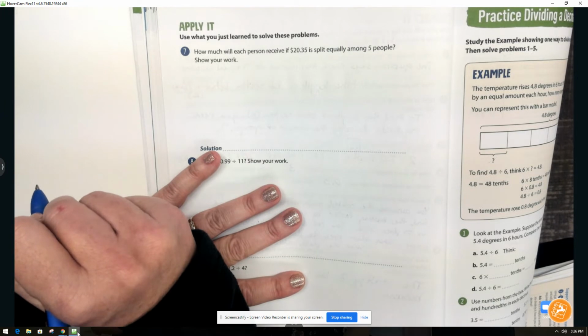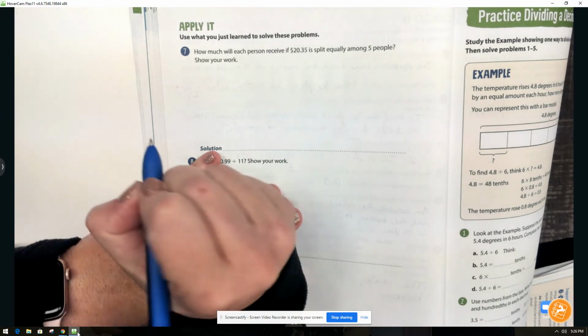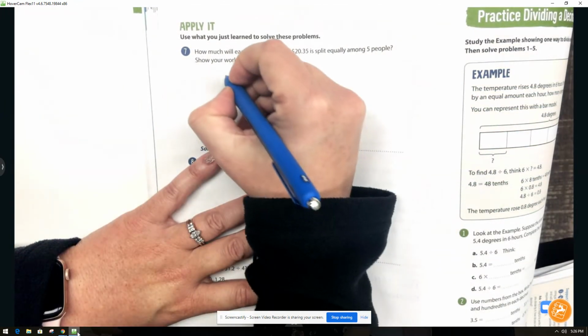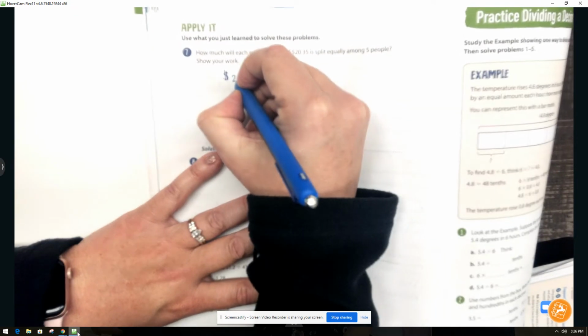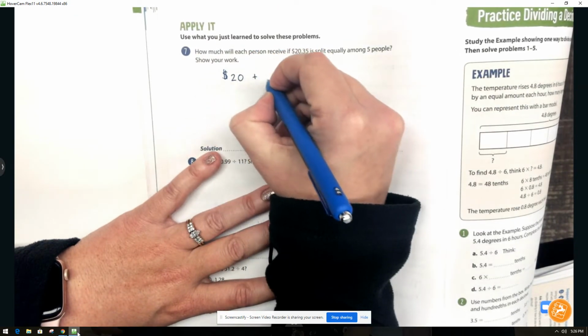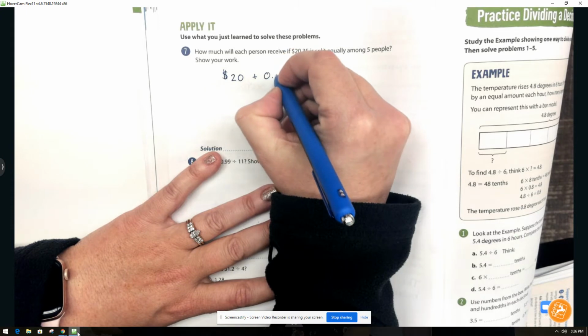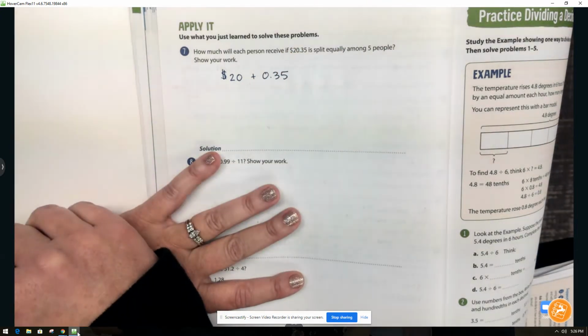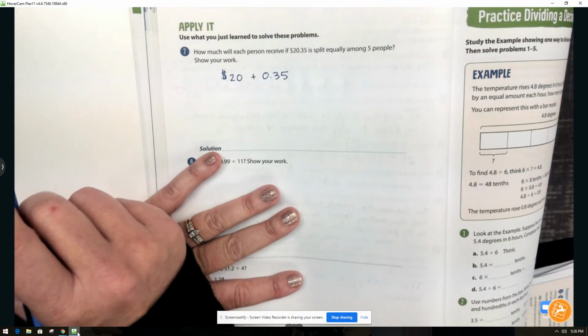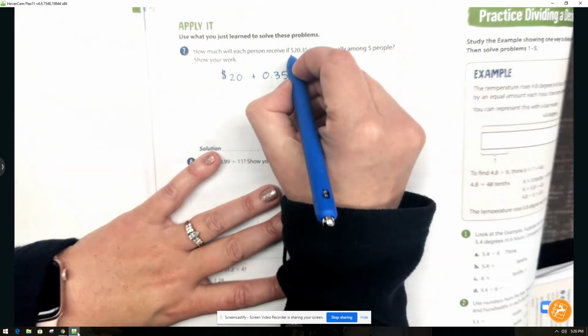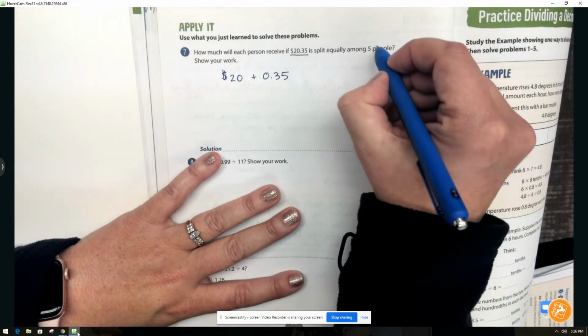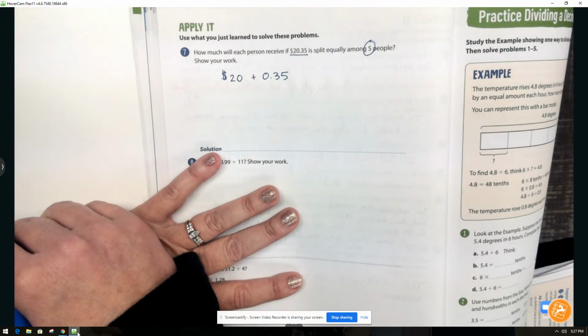I'm going to write that out in a little bit of expanded form. I'm going to break it apart into $20 plus 35 cents. And the reason I'm doing this is because I can see that I have this much money and I'm breaking it up by 5 people.